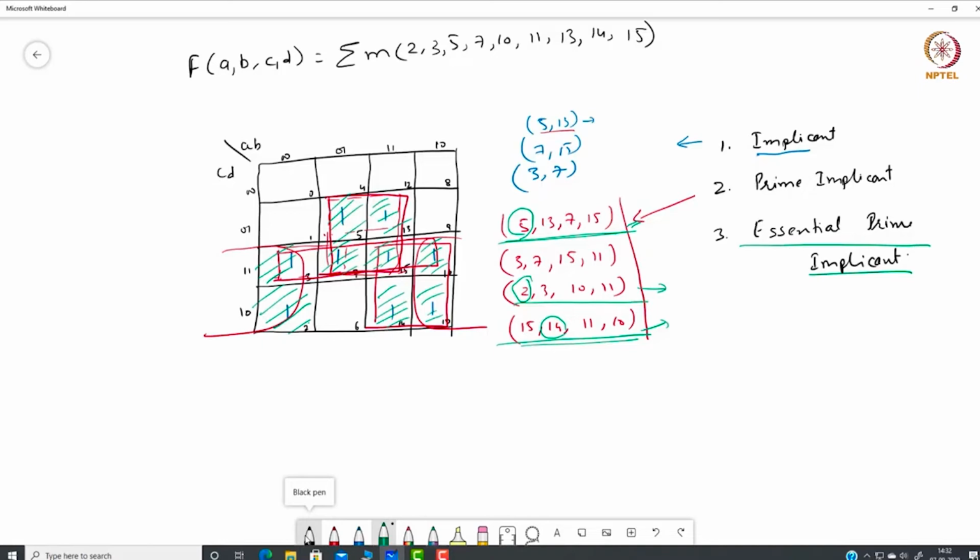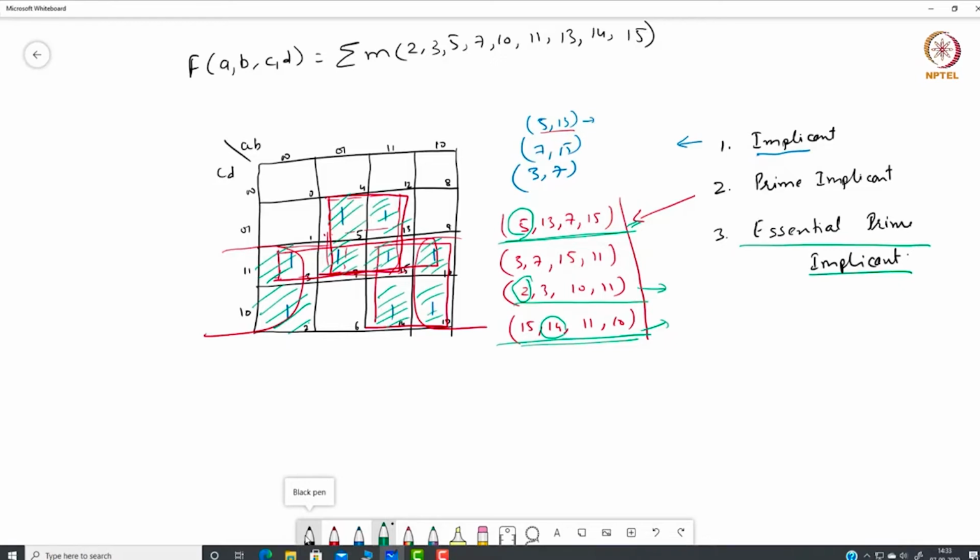Because of this 14, 15, 14, 10, 11, these are covered. So essentially in this particular example, if I take all these 3 essential prime implicants, they are sufficient to cover all the min terms, so they form our final solution.